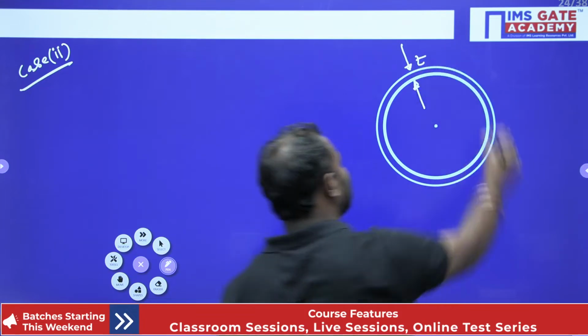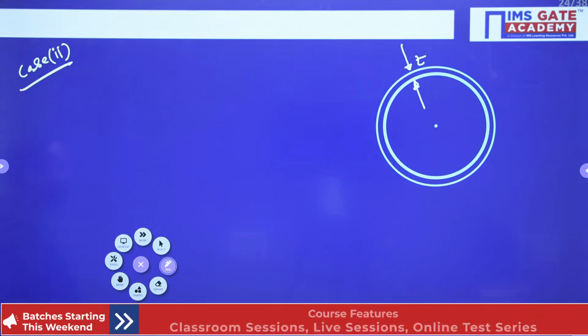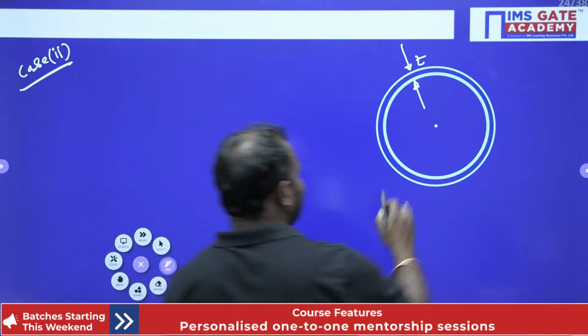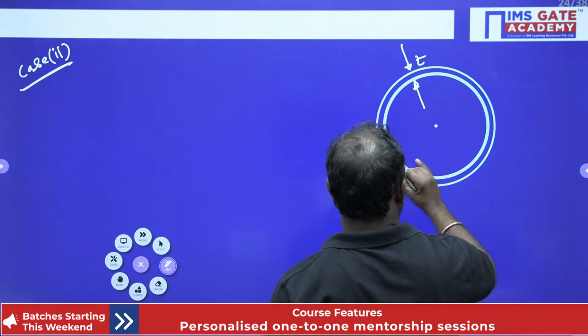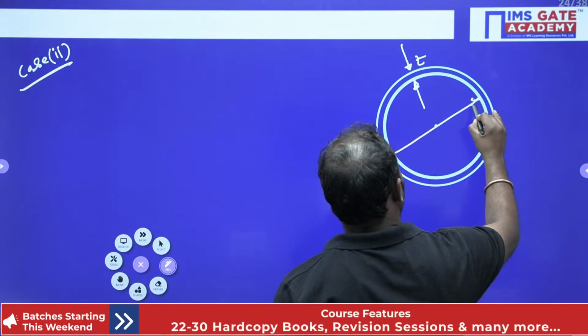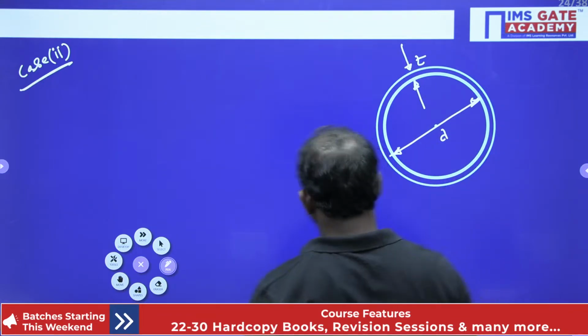Say this is the thickness, and this is the diameter d.